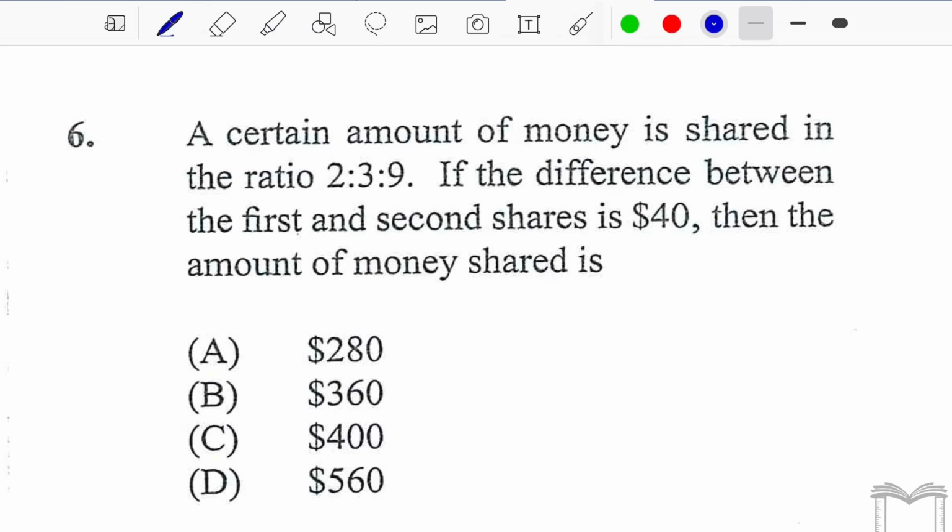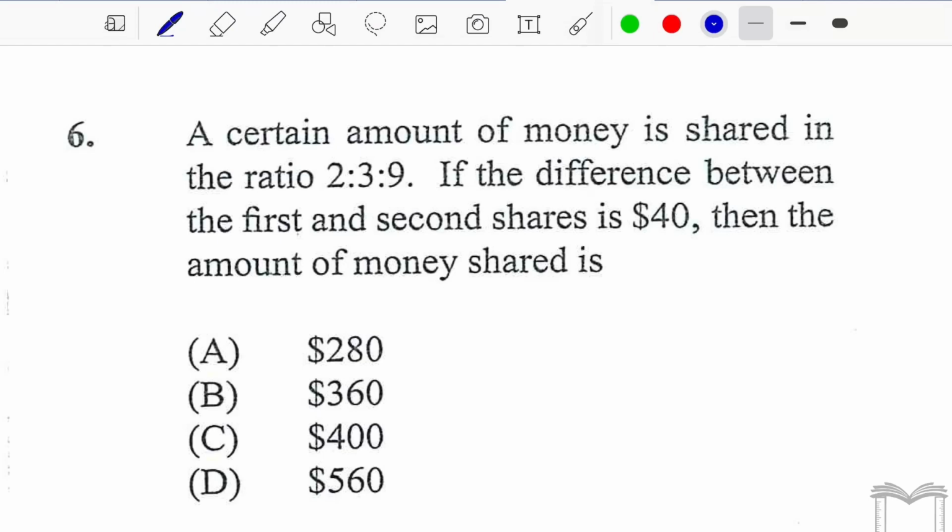Another way of saying ratio is proportion. 2 to 3 to 9. If the difference between the first and the second shares is $40, then the amount of money shared is... So ratio is the way in which you divide the amount of money and share it.